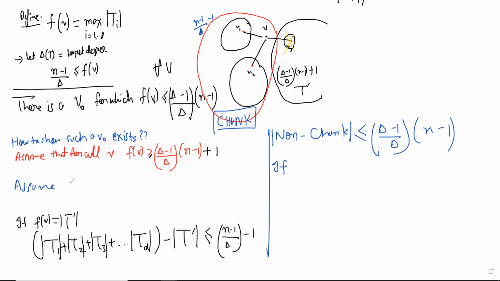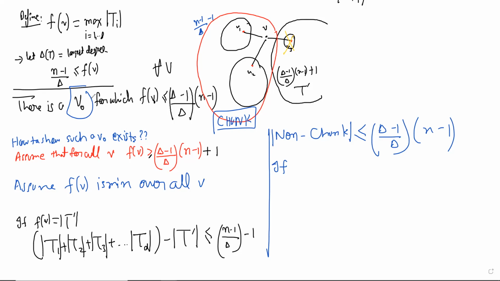So assume that FV is minimum over all V. Okay. So first of all, we are trying to find a vertex V naught for which FV naught minimizes, right?